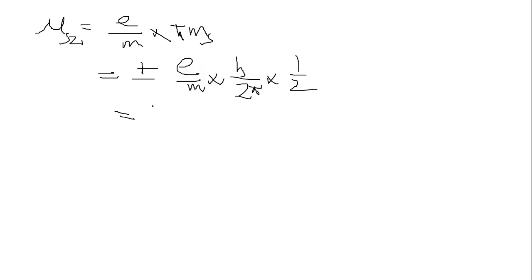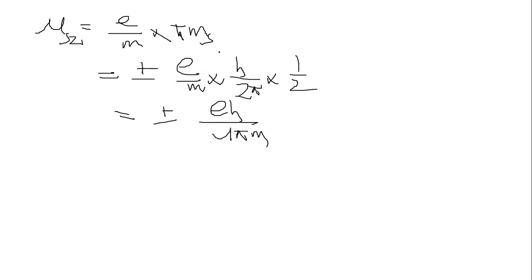So it gives plus minus Eh by 4 pi m. This is the z component of spin magnetic dipole moment.